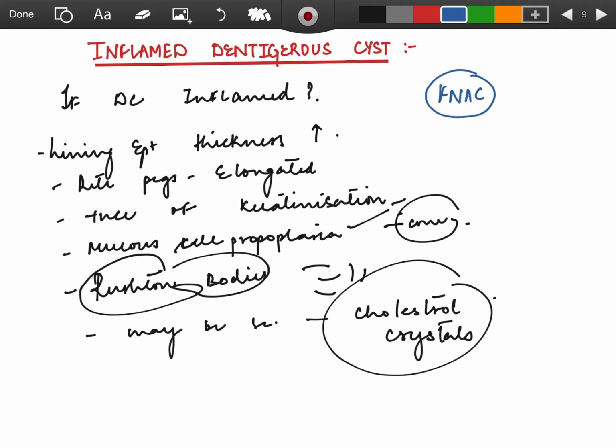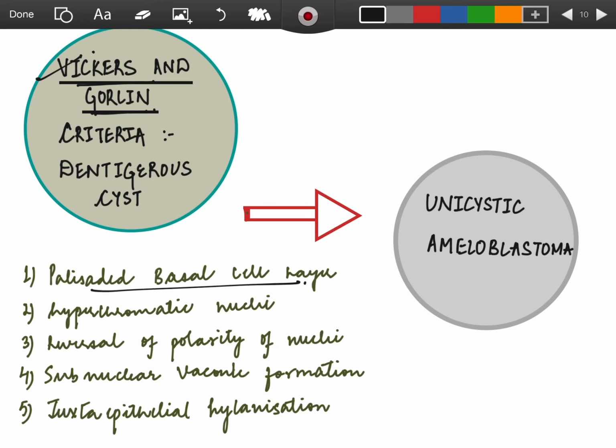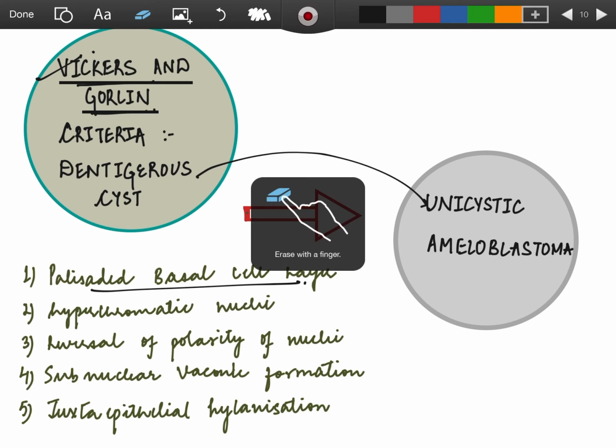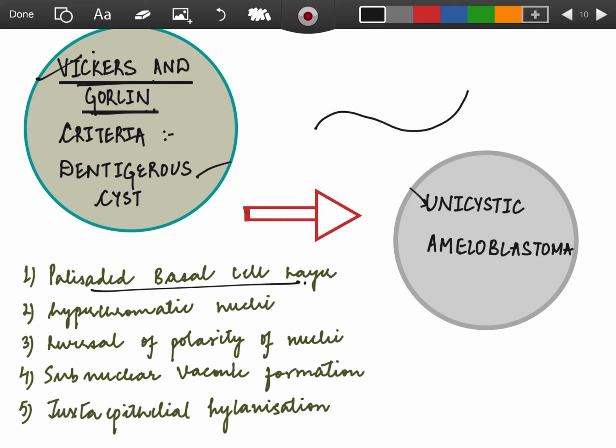On FNAC, we see a thin watery yellow colored fluid in the cystic lumen of the dentigerous cyst. Now there are Vickers and Gorlin criteria, which say when the dentigerous cyst is converted to unicystic ameloblastoma. We have 5 criteria basically.